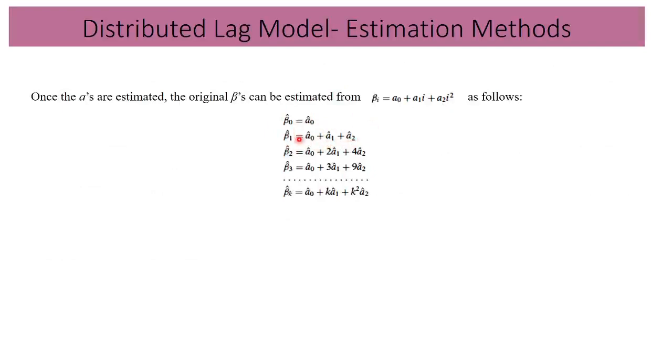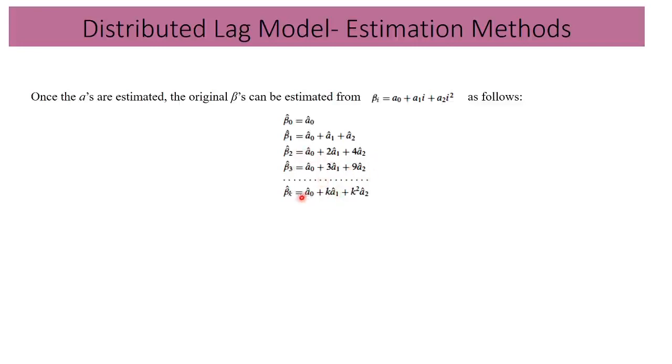For this second degree polynomial model, beta 2 cap equal to a0 cap plus 2 a1 cap plus 4 a2 cap, beta 3 cap equal to a0 cap plus 3 a1 cap plus 9 a2 cap, that is the square of this one.